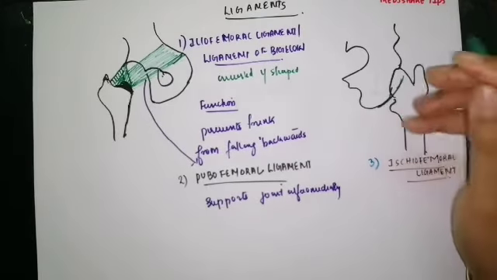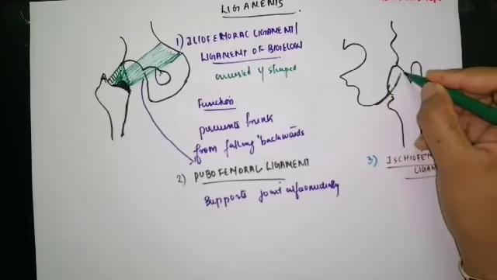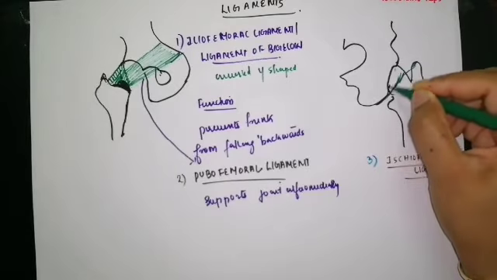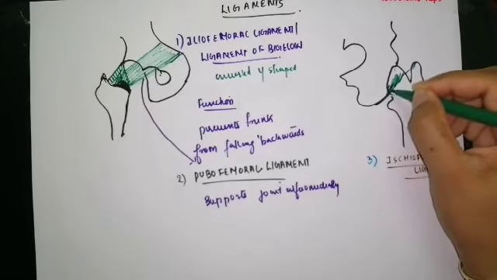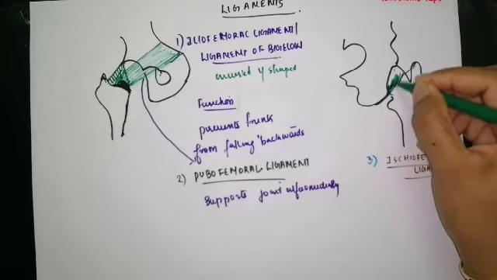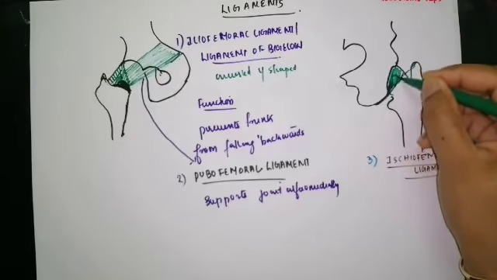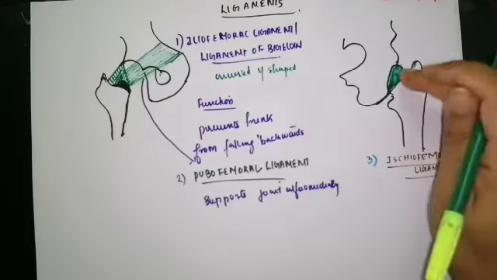That is, even though it is arising from the ischium below the acetabulum, it merges with the capsule, and some of which is attached to the greater trochanter also. So it is attached to the ischium below the acetabular margin, and it takes a twist superolaterally, and it merges with the capsule of the hip joint like this.